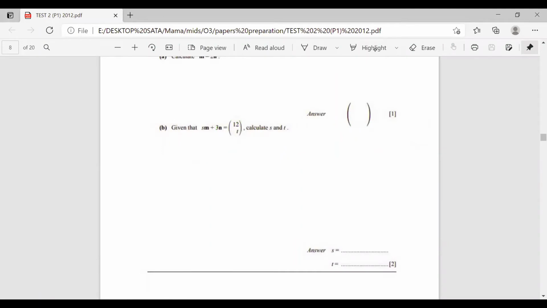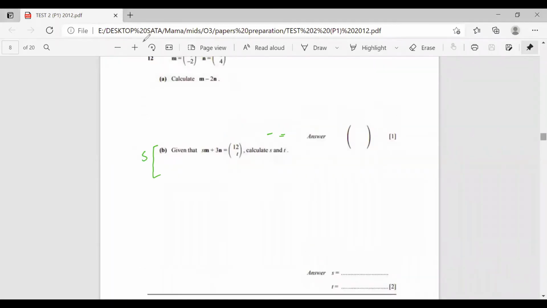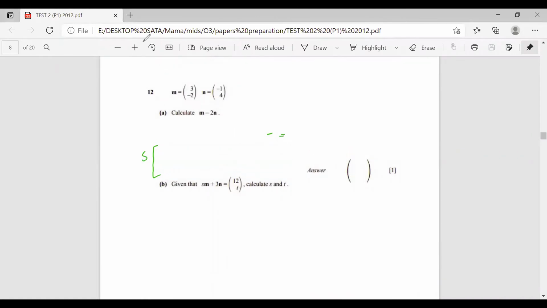The second part is: given that Sm plus 3n equals 12 and t. S is unknown because they have asked you to find the value of S and T. S is a term which is multiplying M. The value of N, which is provided to you, is minus 1, 4.